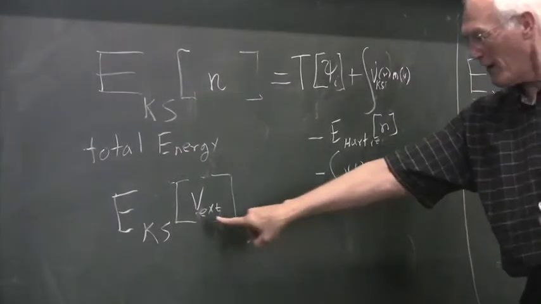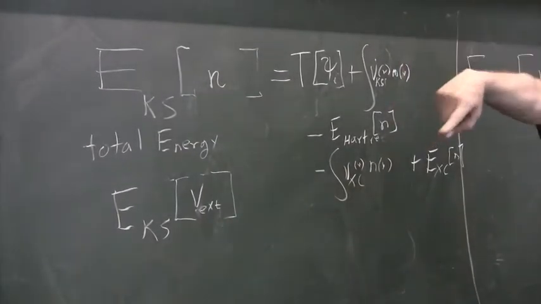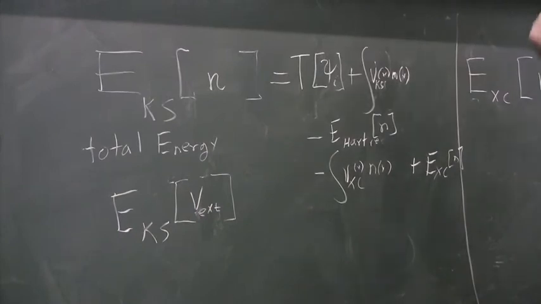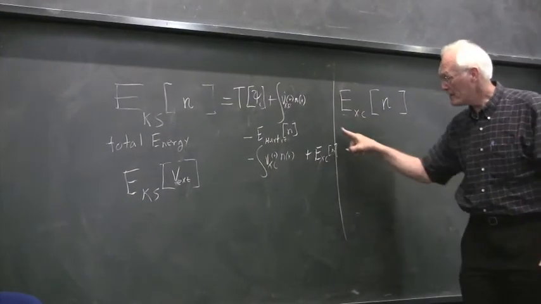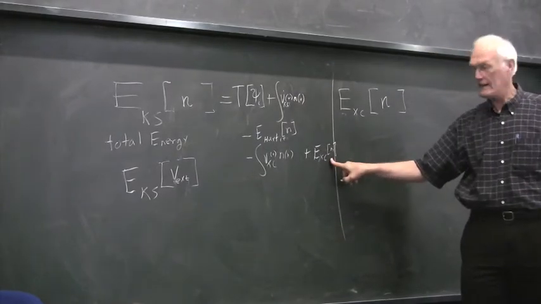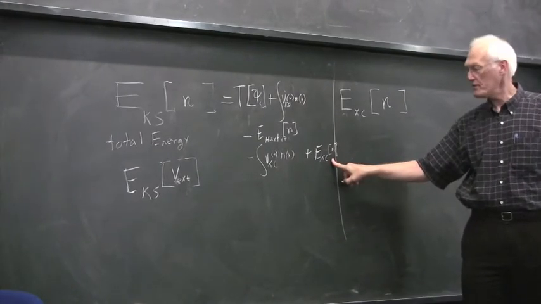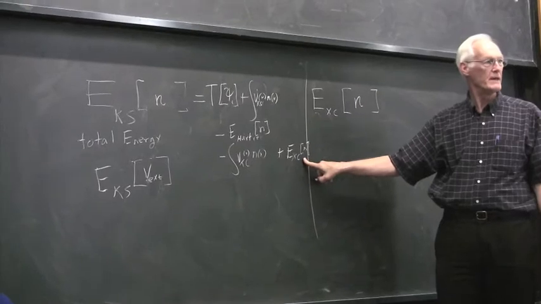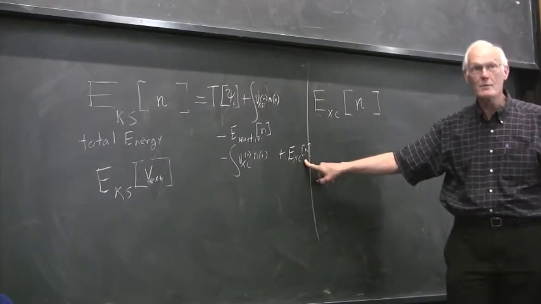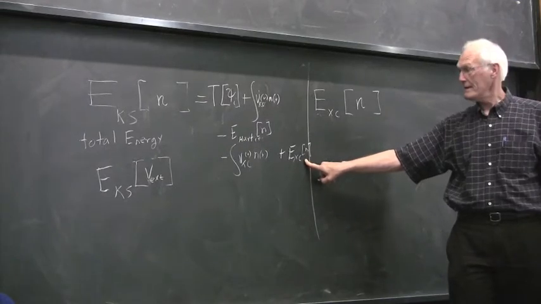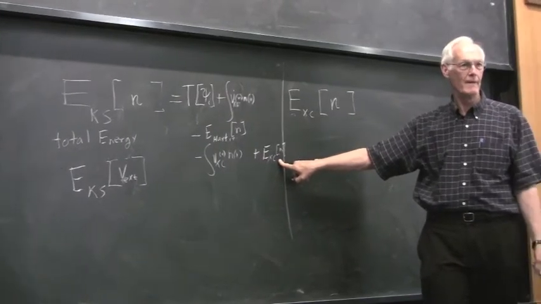So in practice, it's a function of the potential. But down at the most important level, we still basically have the exchange correlation as a function of the density. Some changes beyond Kohn-Sham will go somewhat beyond that, but that's what it is in Kohn-Sham.